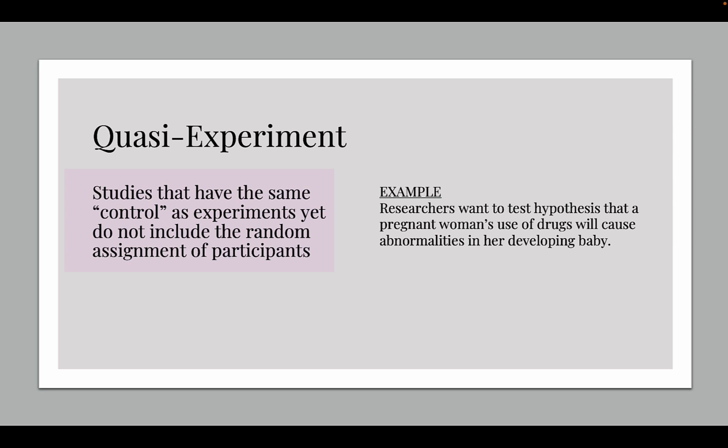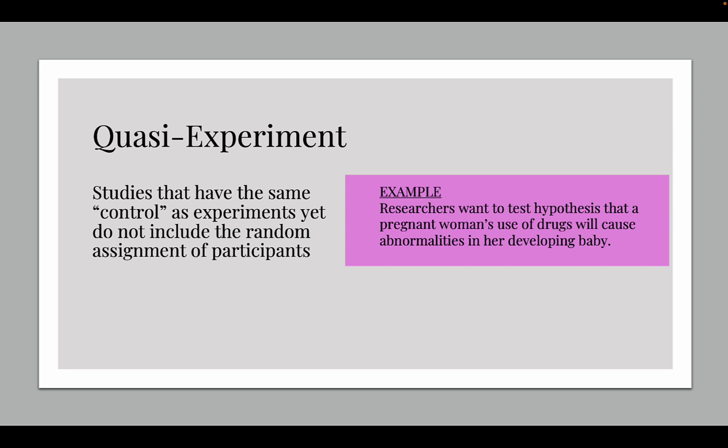So, for example, researchers might want to test the hypothesis that a pregnant woman's use of psychoactive drugs will cause abnormalities to her developing fetus in the baby. Now, we talked about this a little before, right? And the problem of not being able to go out and get a million or even dozens of participants for your survey.